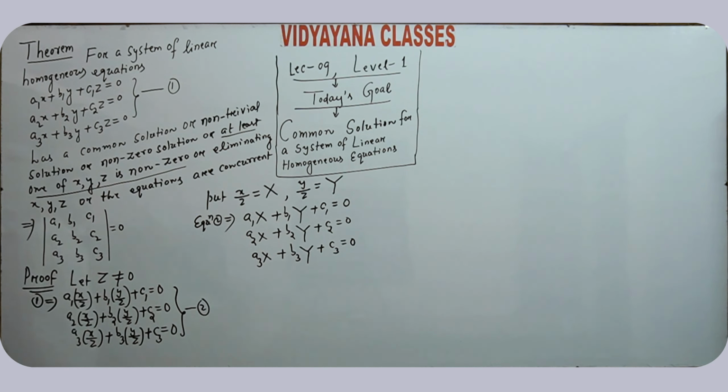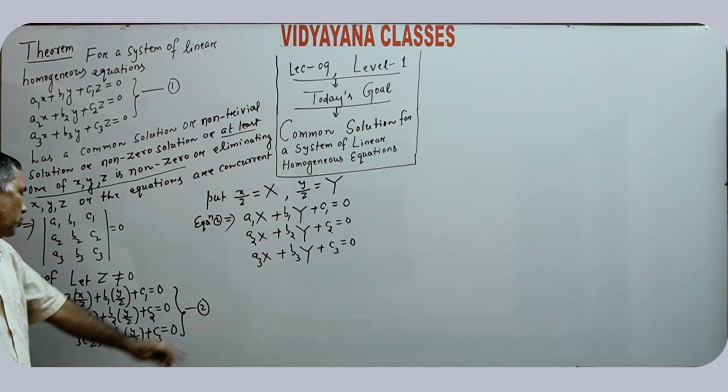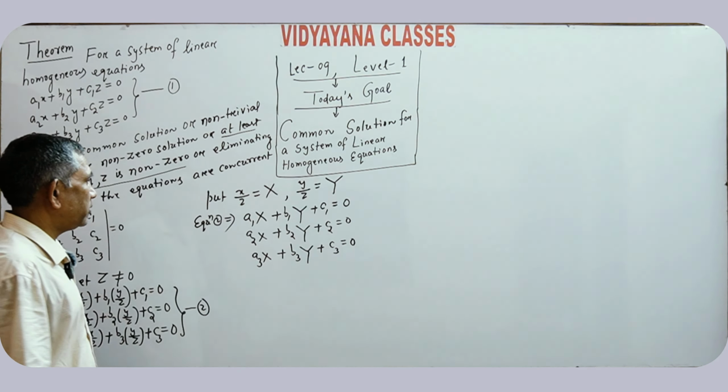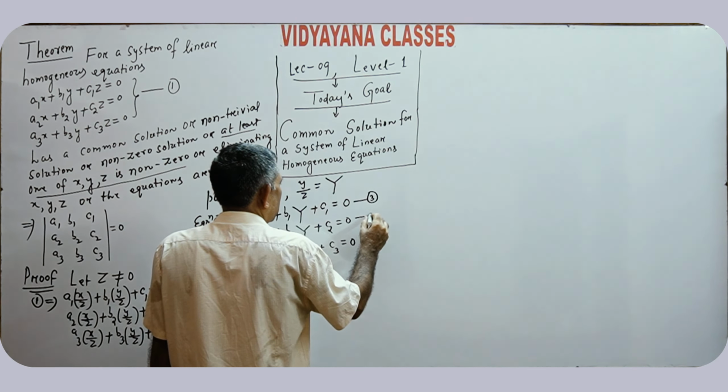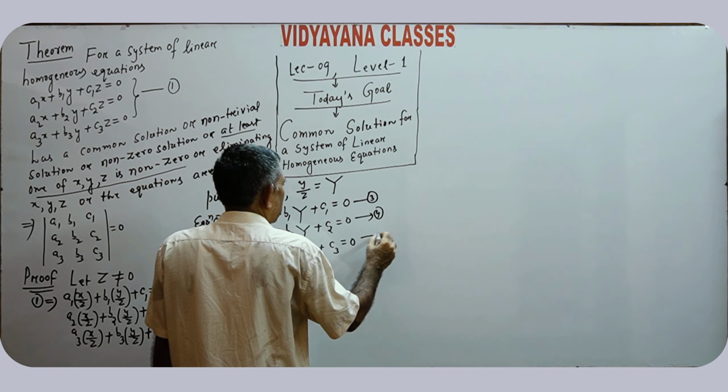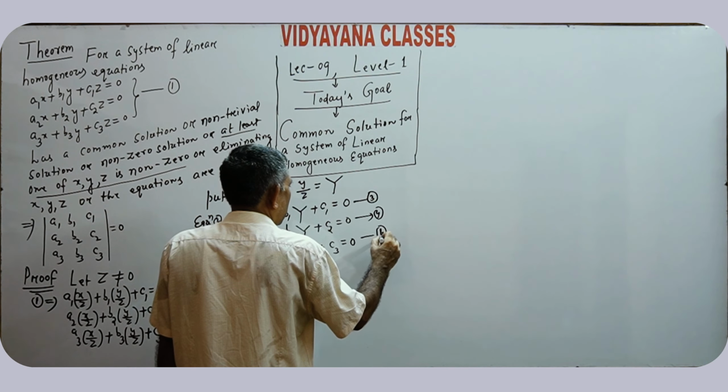So the system of equations, that is 2, implies this result. It is equation 3, equation 4 and equation 5.